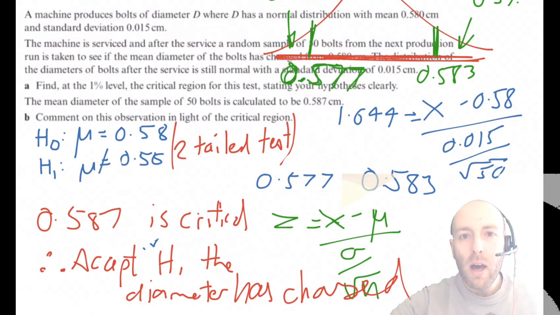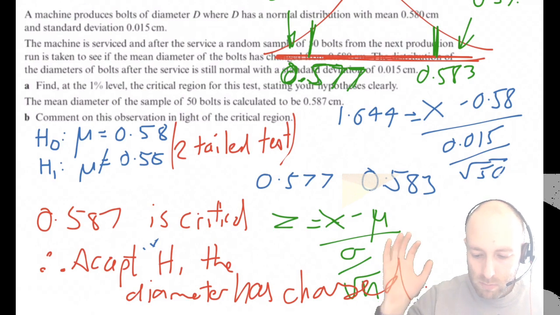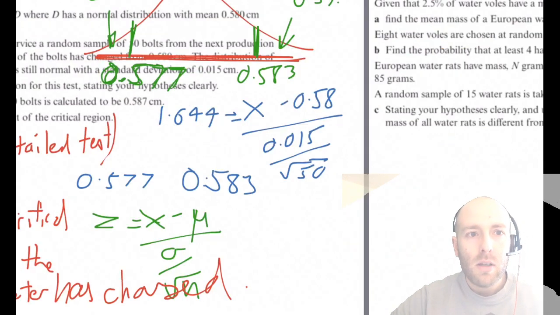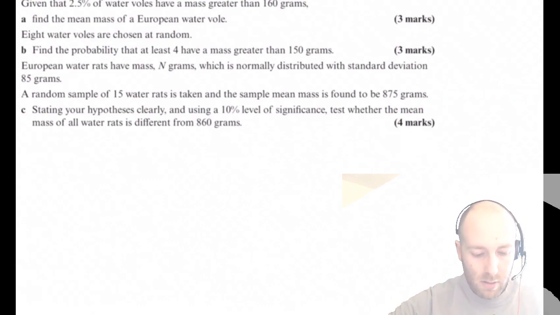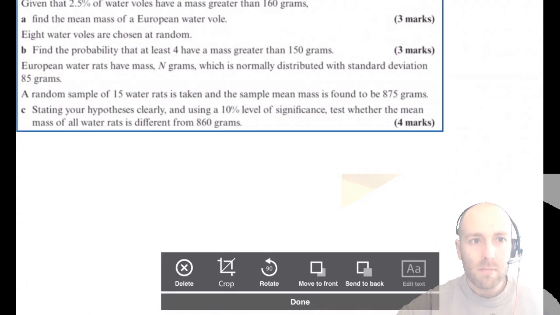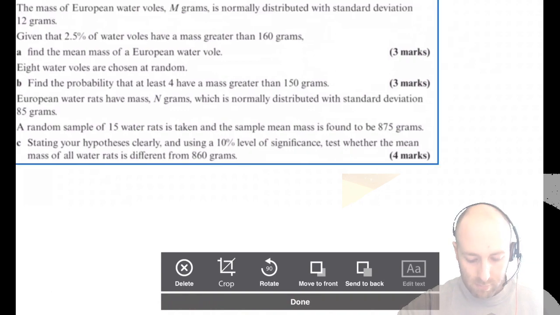Cool. All right, I would like you guys to try one yourselves. So you guys are going to try one about water voles. So here you go. I'll just move this down very slightly. There you go.